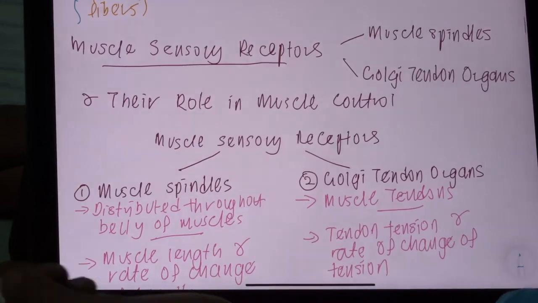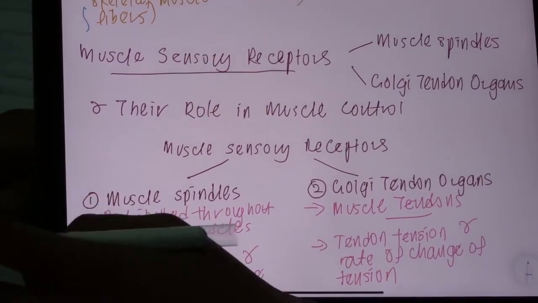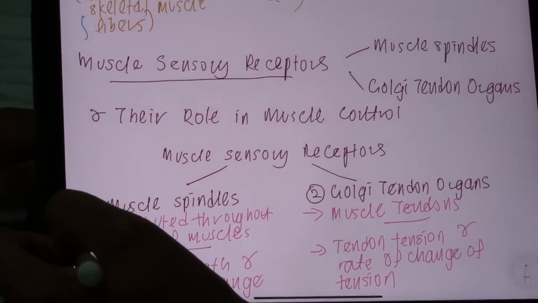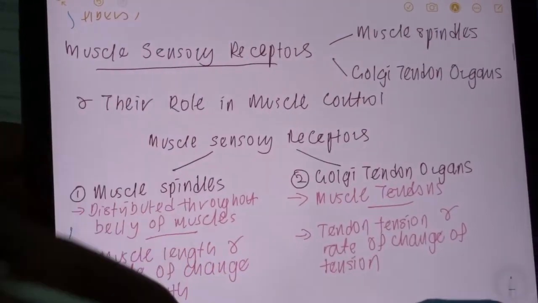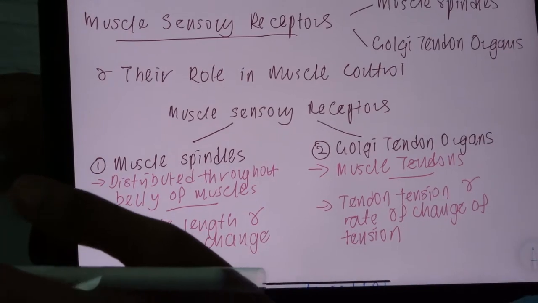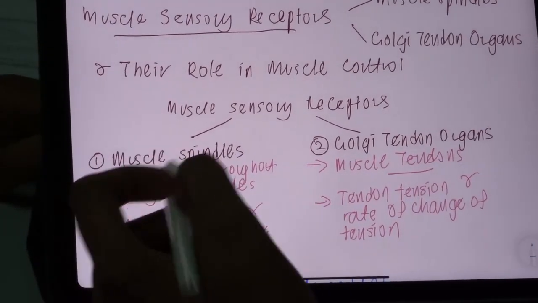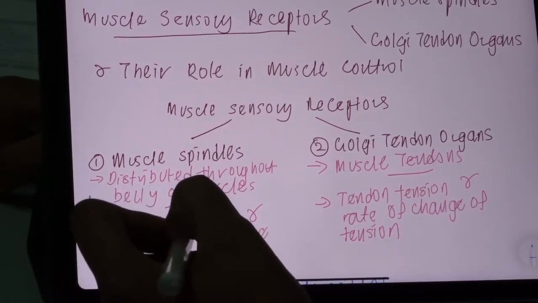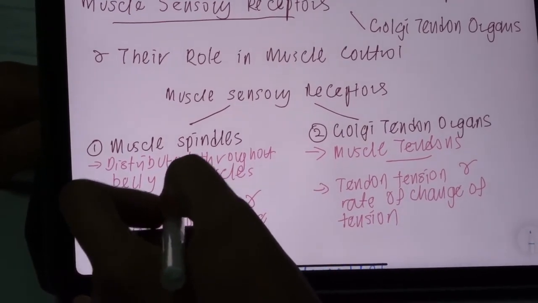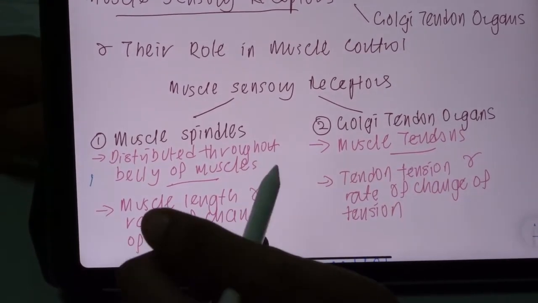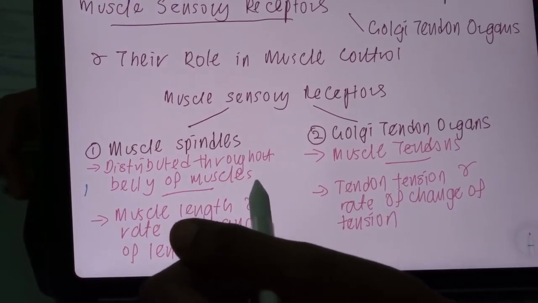The muscle spindle is usually distributed over the belly of the muscles. It detects the muscle length and also the rate of change of the length. Muscle spindles focus more on muscle length, while the Golgi tendon organs focus more on muscle tendons.